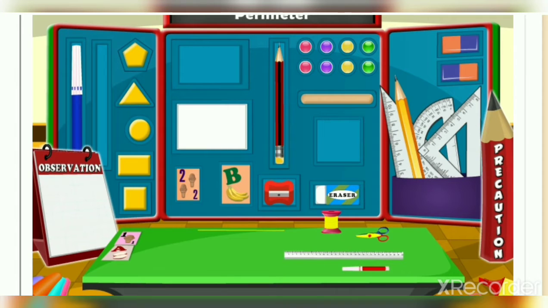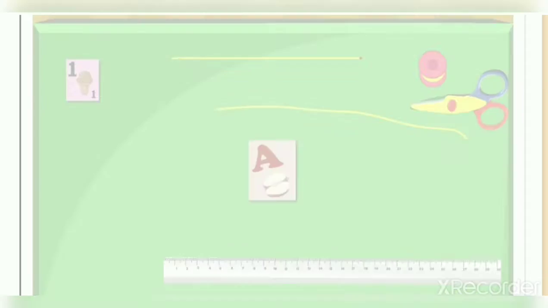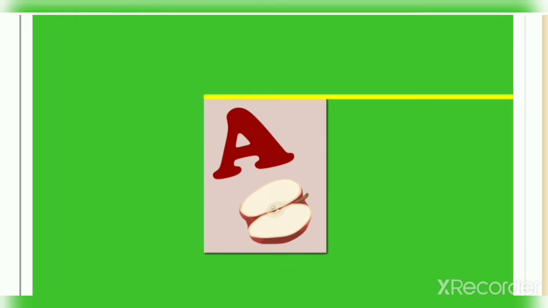Let's now measure the dimensions of the flashcard marked as A. Place the thread on one of its sides. Stretch the thread around the card after reaching the same point.